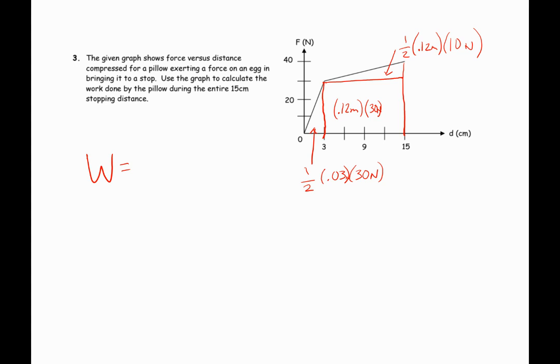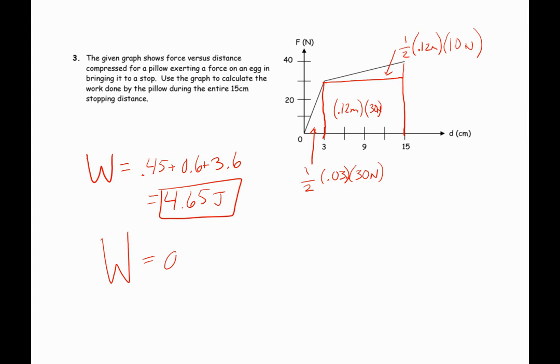When I add all of that together, I get 0.45 plus 3.6 plus 0.6, and I end up getting a value of 4.65 joules. So please do not ever forget that the graphs can always tell us something. The net work is equal to the area under an F versus D graph, D for distance, or X for displacement.